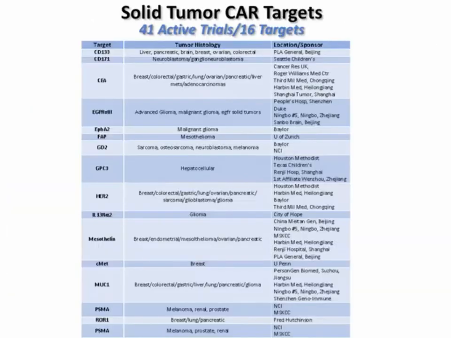If we go to the next slide, we can see that there are many fewer clinical trials being attempted with the solid tumors. Again, a majority of them are occurring in China. And I think probably the real next targets will be those that are centrally located.